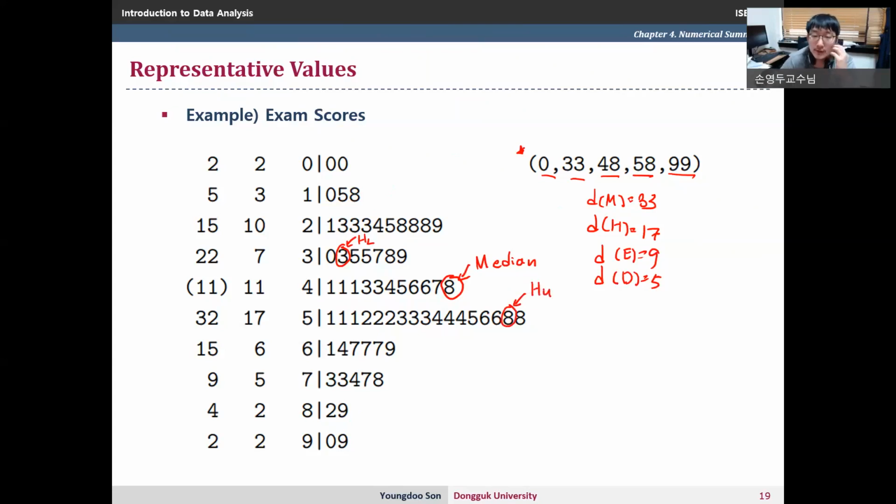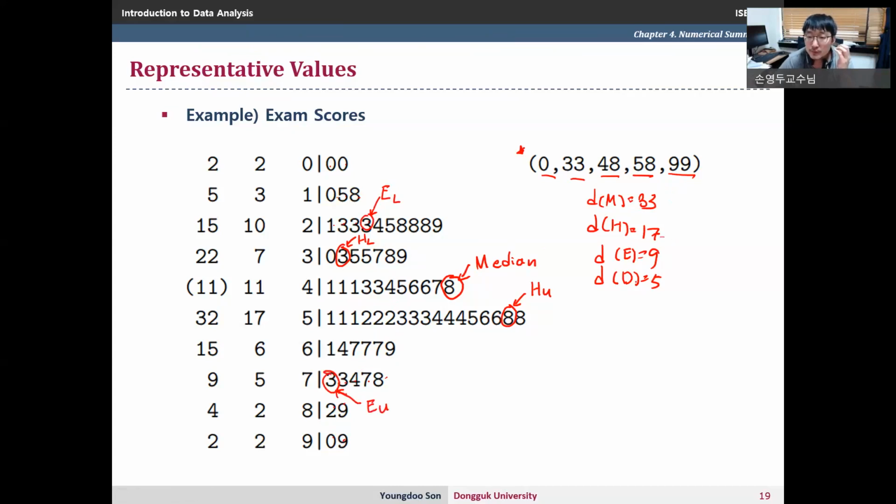Okay, and let's find the EL and EU here. So EL is the ninth point from the minimum. 1, 2, 3, 4, 5, 6, 7, 8, 9 here, 23. This is the EL. And 1, 2, 3, 4, 5, 6, 7, 8, 9. This one, 73. This is the EU.